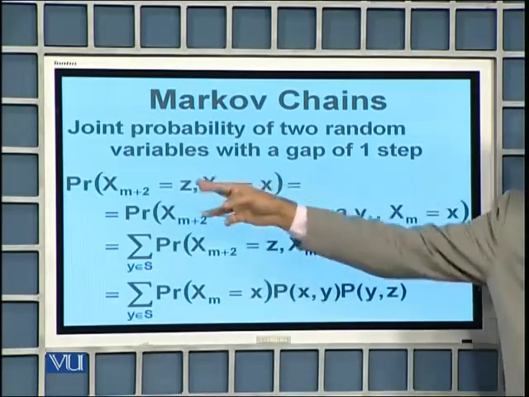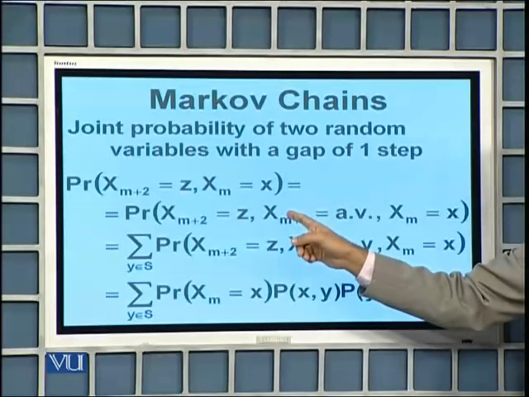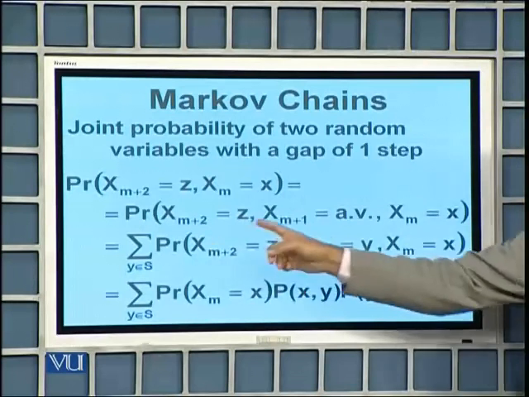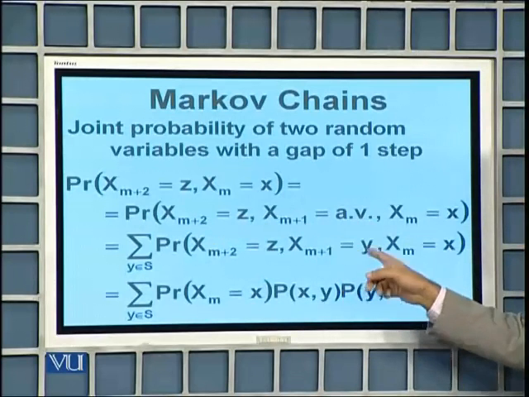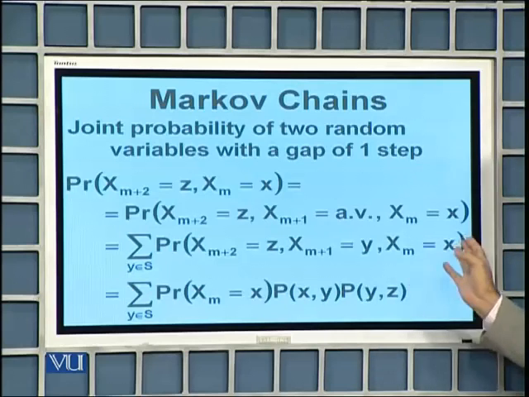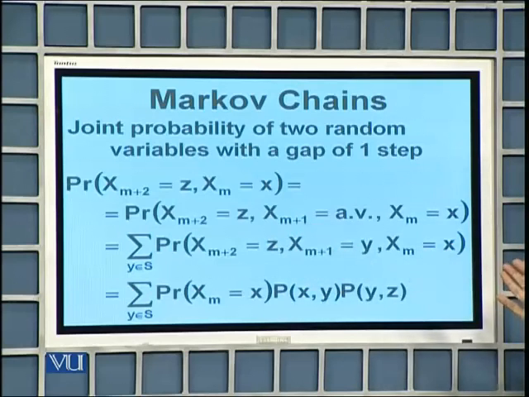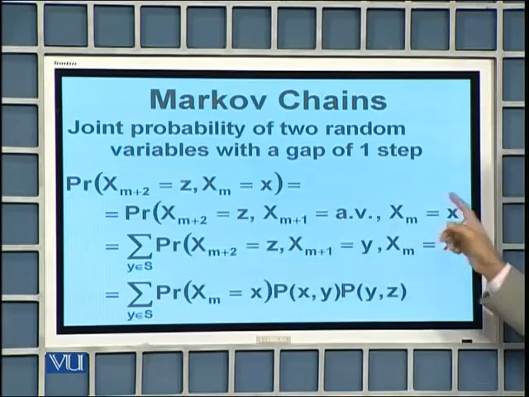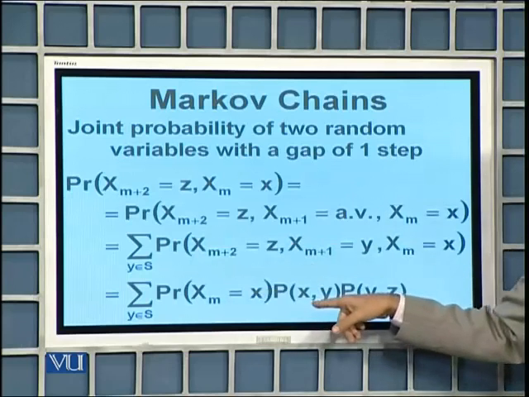So this probability is the summation of the probability of three events where the middle event takes on all possible values, and the summation is for this middle random variable taking on its values. When you simplify this, because we have just worked with the joint probability of three consecutive random variables, you come up with this expression.